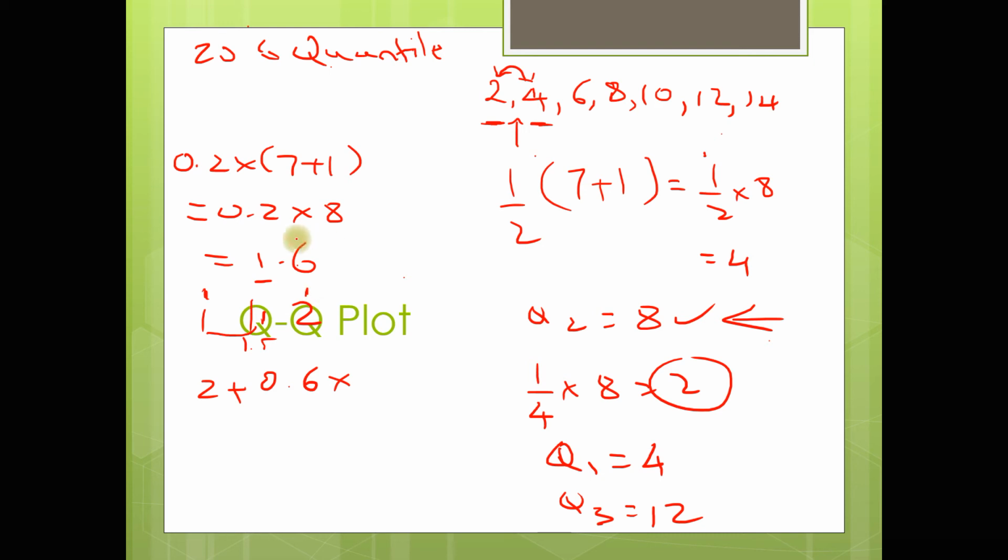And the distance from 2 to 4 is obviously 4 minus 2. So it is equal to 2 plus 0.6 times 2, which is equal to 2 plus 1.2, which is equal to 3.2. So we have found the 20% quantile. The 20% quantile is the value 3.2.